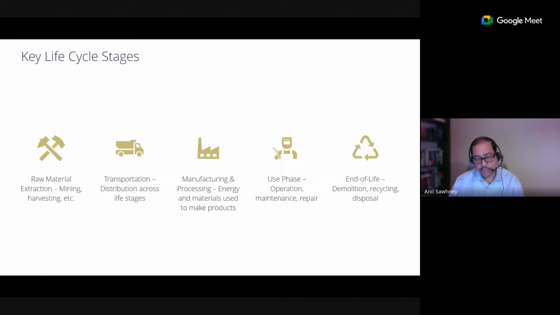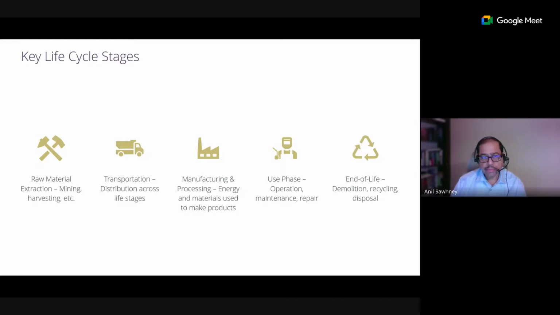Then the manufacturing process itself, so for example, you're manufacturing steel or you're manufacturing cement, all emissions that take place in that process are also counted. Then the use phase in which you operate, maintain, or repair, and then end of life in which you demolish, recycle, and dispose of those products. So these are the broad life cycle stages that are made part of a life cycle assessment.